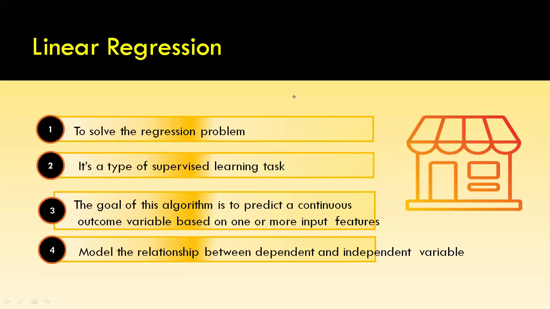Within linear regression, there are two types: simple linear regression and multiple linear regression. In simple linear regression, we use only one independent variable, whereas in multiple linear regression, we use more than one independent variable.